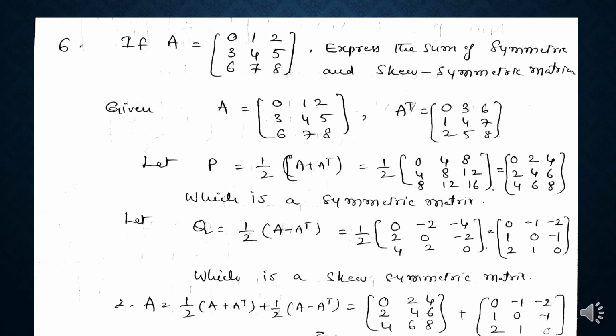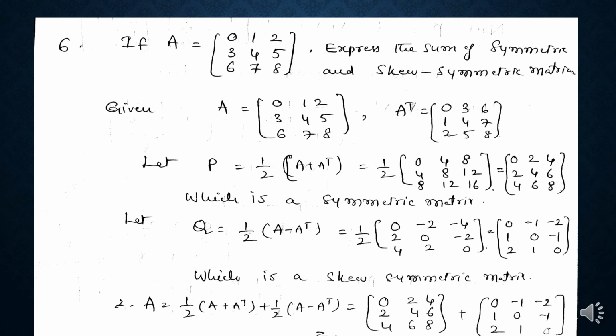So by multiplying with half, we will get [0 minus 1 minus 2; 1 0 minus 1; 2 1 0].